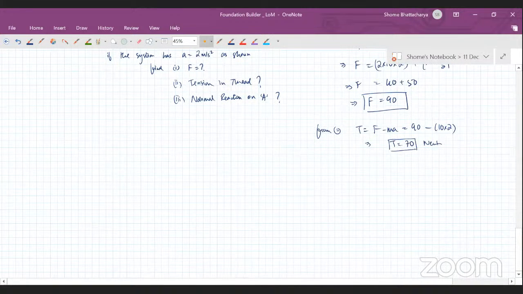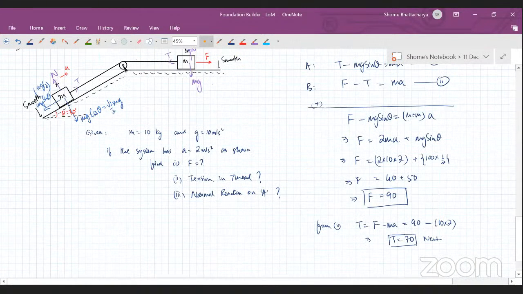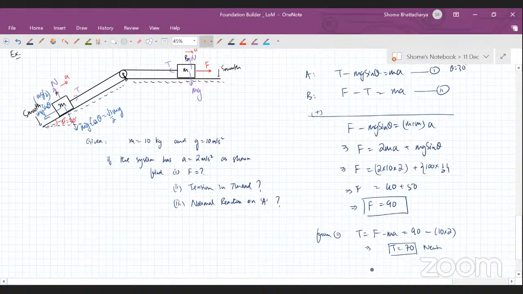And normal reaction on A is a very easy thing. Normal reaction on the block A will balance mg cos theta. So it will be 50 root 3 newtons. Just write this as N.